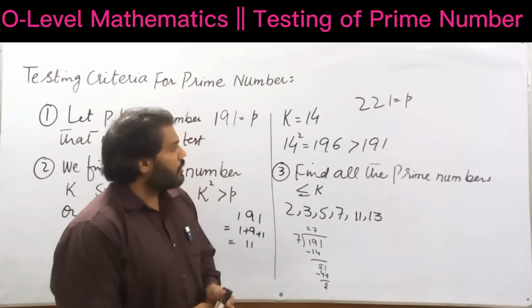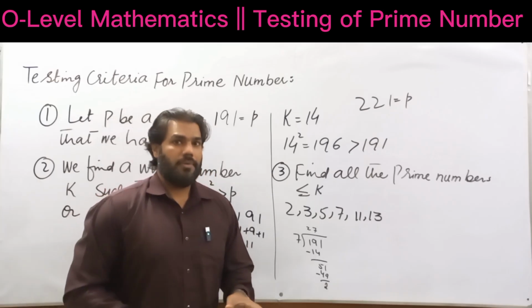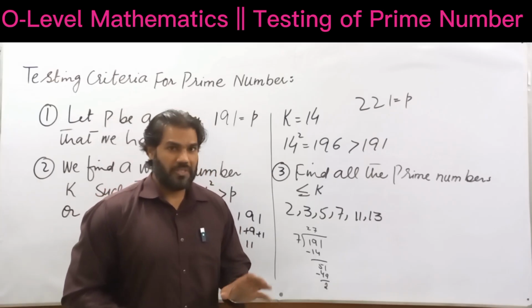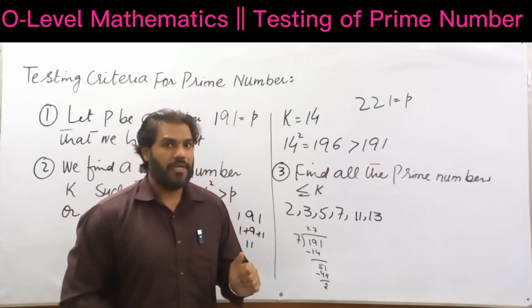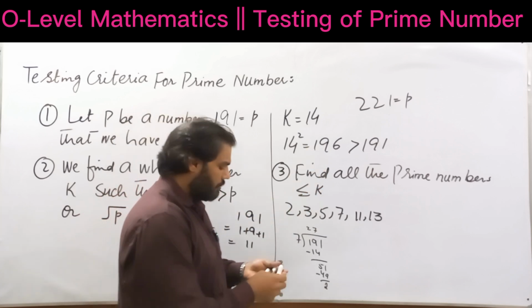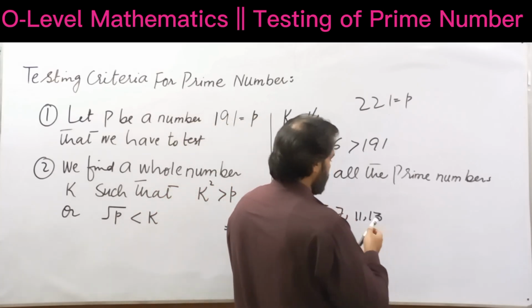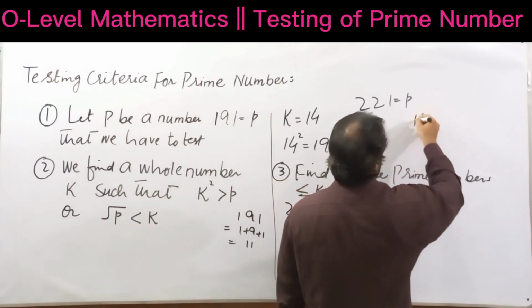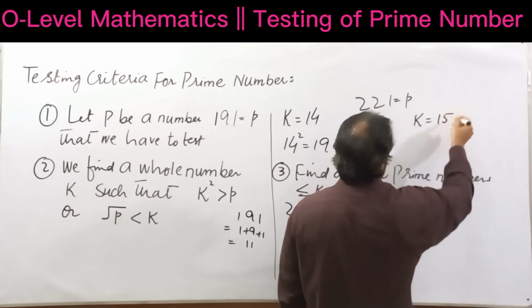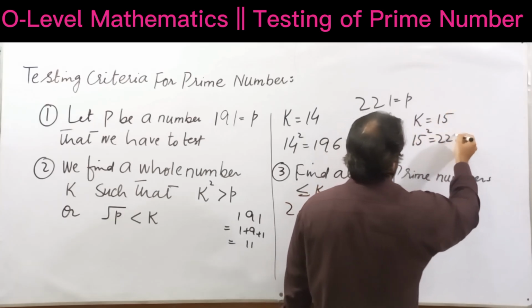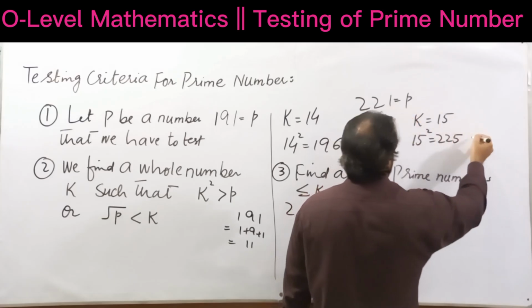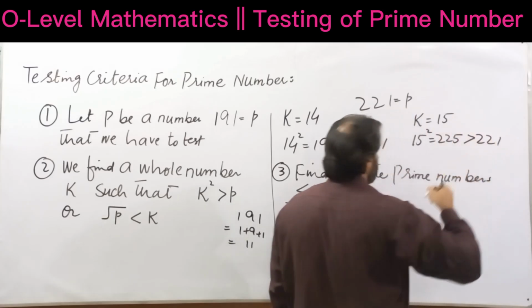Firstly we find a whole number k which is nearly close to 221 and whose square is greater than 221. The number k which is nearly close to 221 is 15, because 15 squared is 225, which is nearly close to 221 but greater than 221.